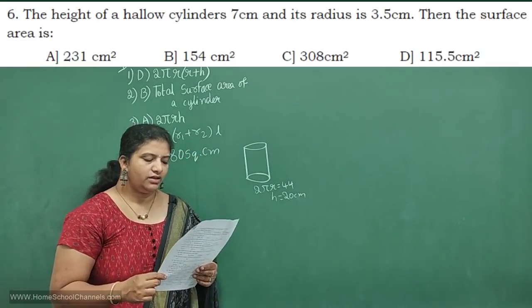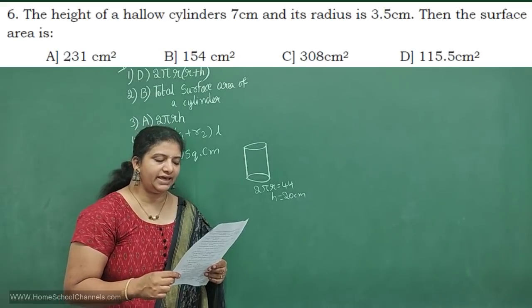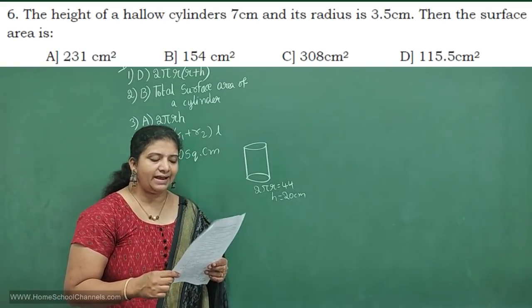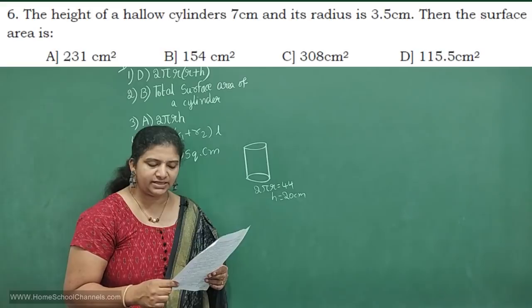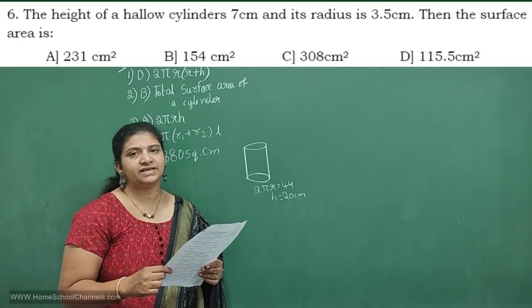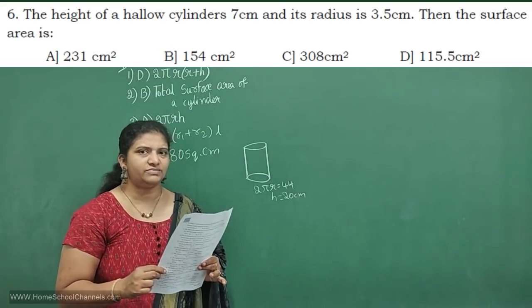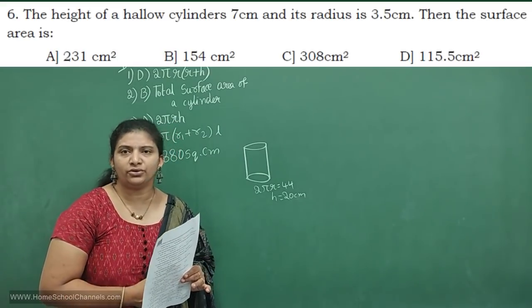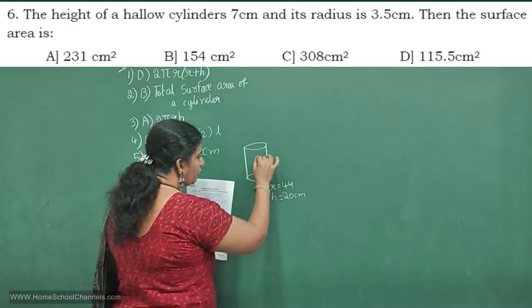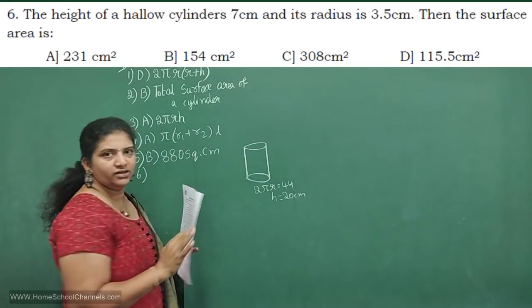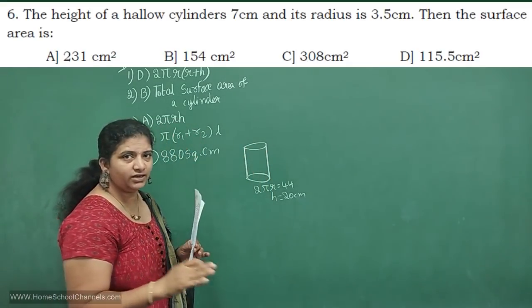Sixth one, the height of a hollow cylinder is 7 centimeters and its radius is 3.5 centimeters, then the surface area is. When the word surface area it comes, which surface area you are going to take? Look here, we are talking about hollow cylinder. It is not a solid cylinder.